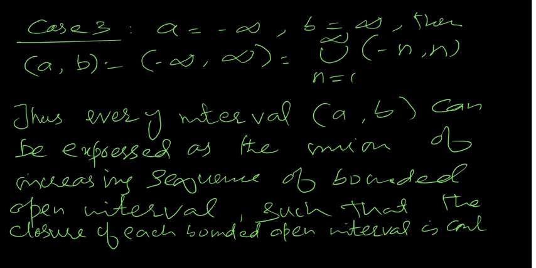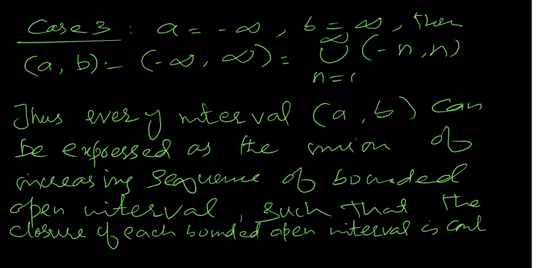Therefore, for each natural number n, there are only a finite number of jump intervals of length greater than 1 by n.